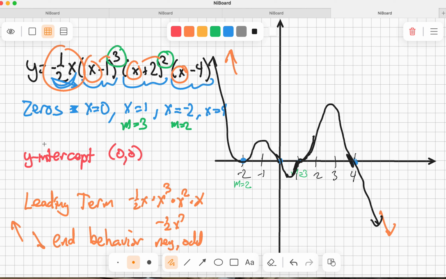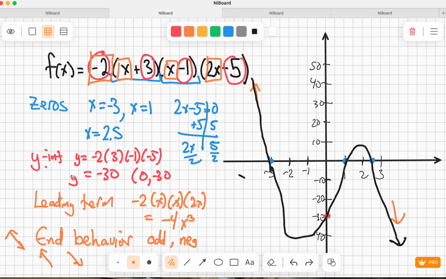It really comes down to find the zeros by looking at the factors. What x value makes each factor equal to 0? Look at the multiplicities. That's going to have an effect. Find the y-intercept. That's a nice double check sometimes to make sure you're going the right direction. Find the leading terms. You multiply the leading terms together.